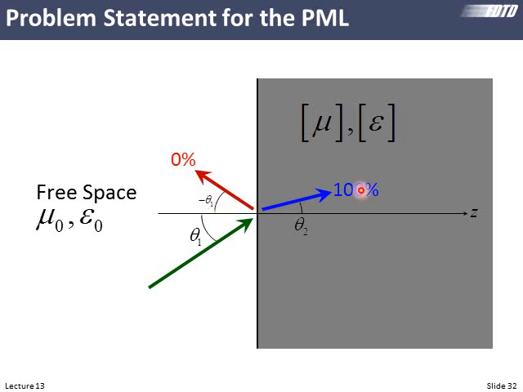What we want is 100% transmission and 0% reflection for all frequencies, all polarizations, all angles of incidence. What do the permeability and permittivity need to look like so that we can do this configuration? That's our problem statement, and this is what the uniaxial PML falls out of this.